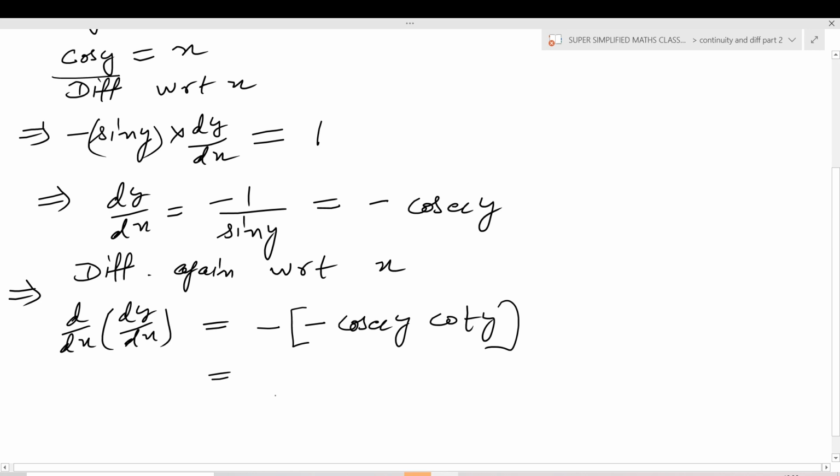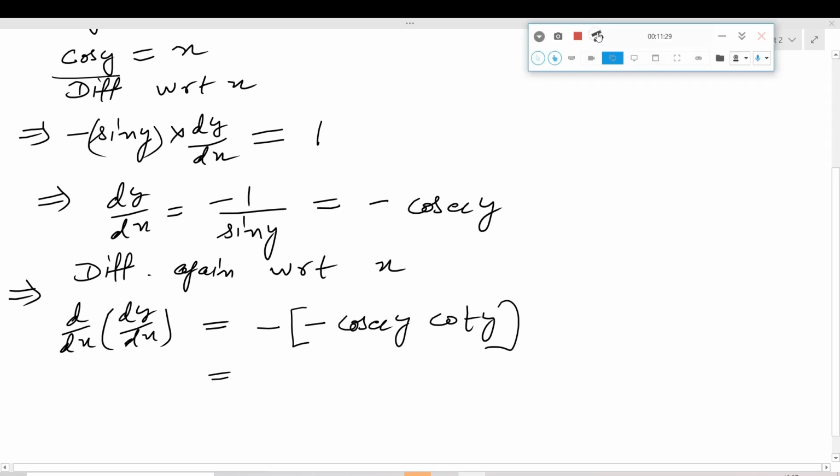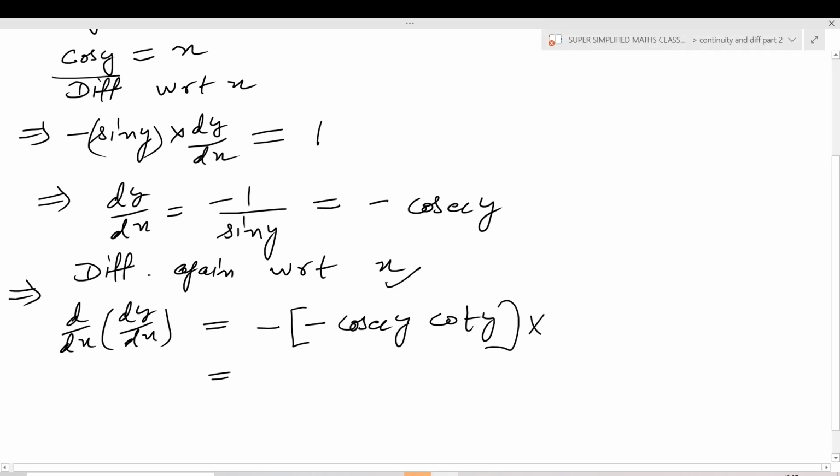So the answer is not this, because the question is still not complete. This is the mistake that is made by most of the students. You have differentiated it with respect to y, but since ultimately you have to differentiate with respect to x, you have to differentiate y also with respect to x. That means you have to multiply it by dy by dx.